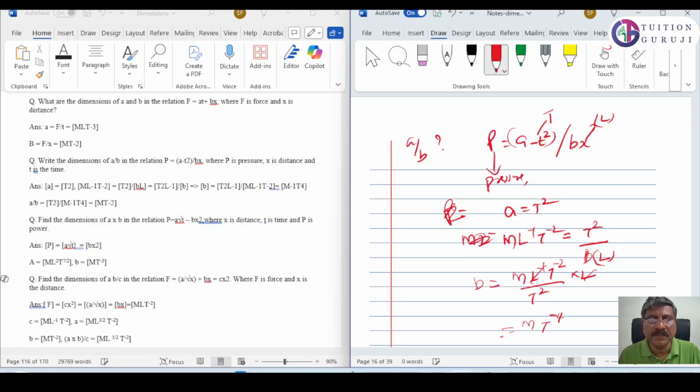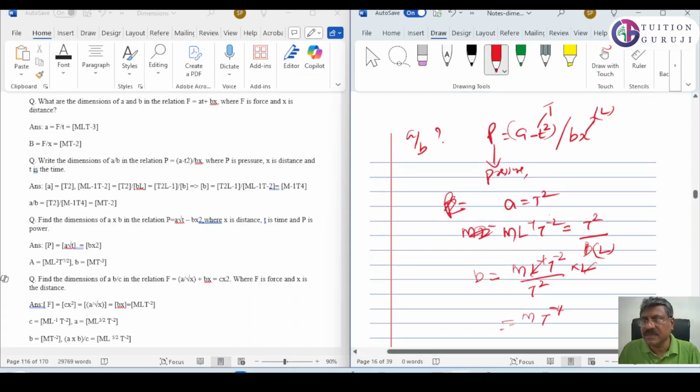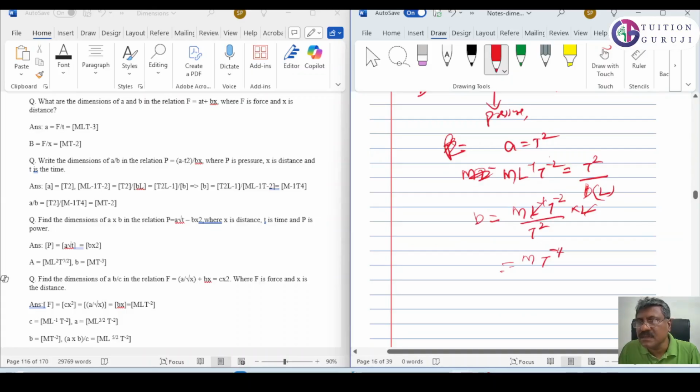Now there was a mistake here. This was not done correctly. Therefore B is equal to this is wrong. It's not correct.